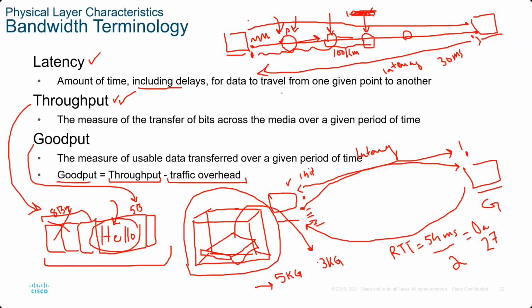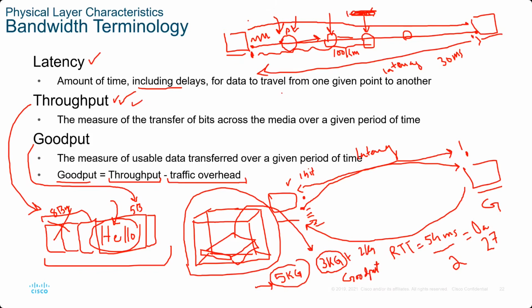So this 3 kg, the actual books that you needed, is your goodput. This is what you actually needed, but you couldn't have got them without this traffic overhead, without the box and the bubble wrap. That's why you had to add 2 kg, which was the overhead, and in total you sent 5 kg. That was your throughput.